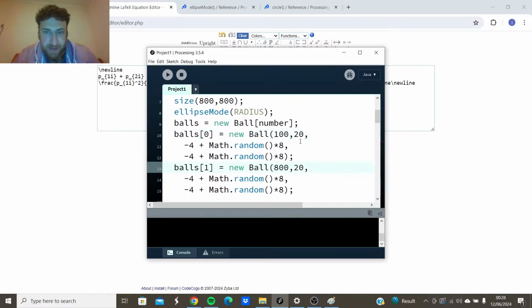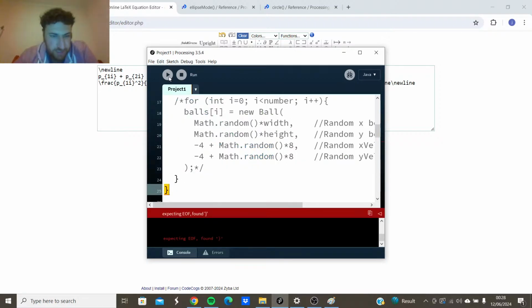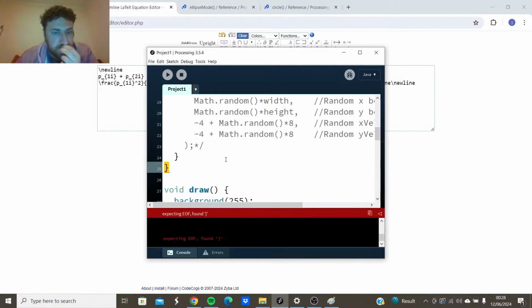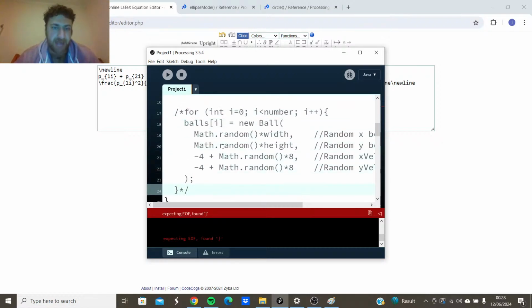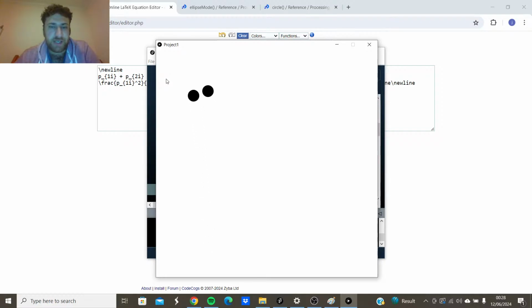So let's make this a y value of 100, and we'll make this 200 versus 300. How about that? Expecting end of file found, that's no good. We need to get rid of that. Alrighty. Now let's save, and we should have two balls heading towards each other.